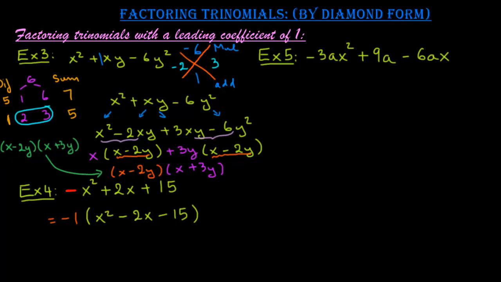Okay, my next step is to factor this trinomial, the one inside the parentheses, so we can use the diamond form. First times last gives me negative 15 on the top, and the middle number is negative 2. So find a pair that multiplies to negative 15 and adds to negative 2.